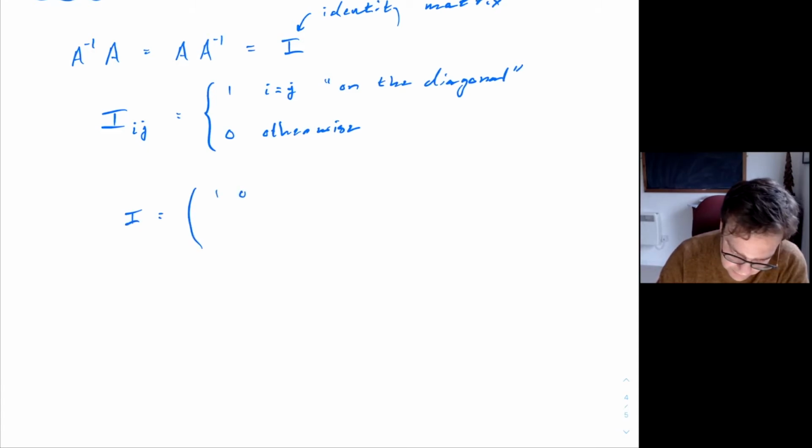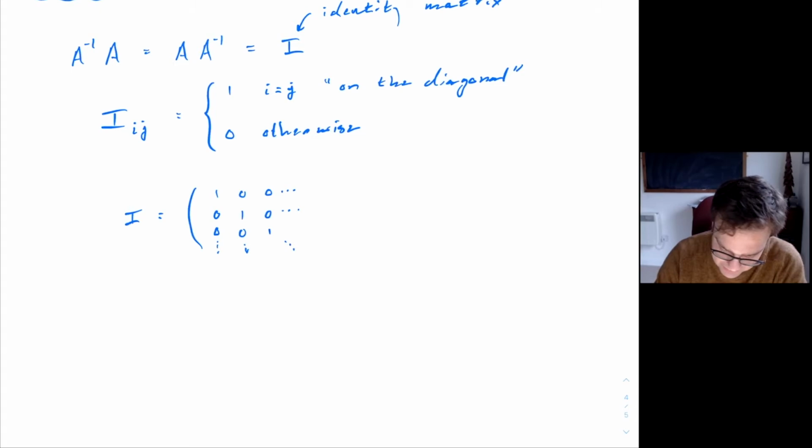So in other words, the matrix I looks like this: 1, 0, 0, and there might be more of those. And then how do you write this? It looks like that. So it's got 1s along the diagonal, right? And then the last row would be 0, 0, 0, 1.